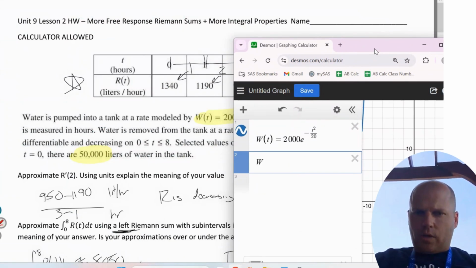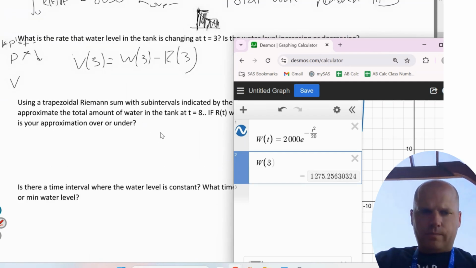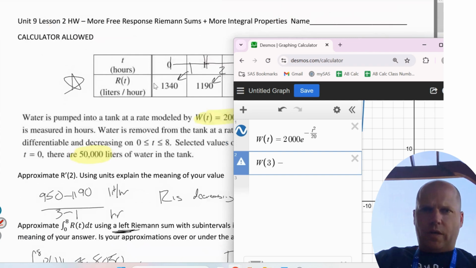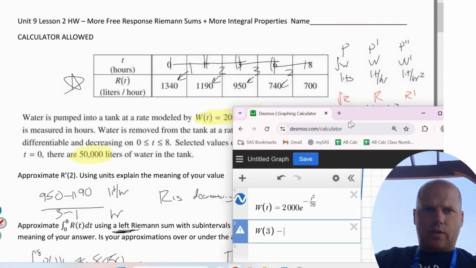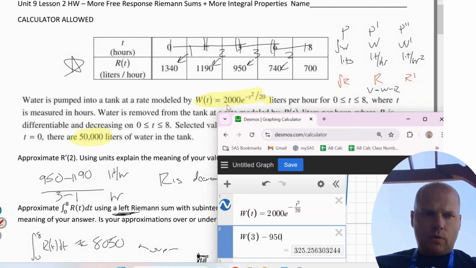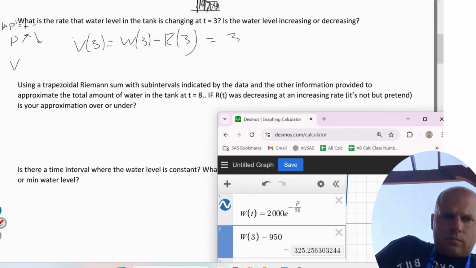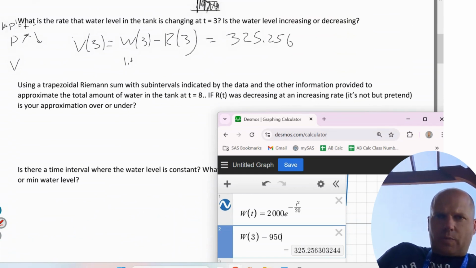So I got W of 3. And what's R of 3? Well, R of 3 is this value right here. R of 3 is 950. This is in liters per hour.